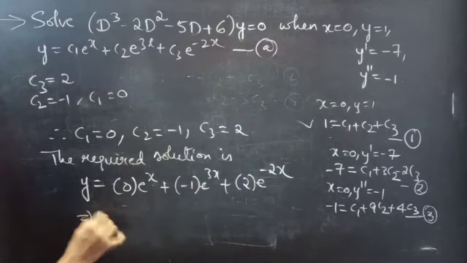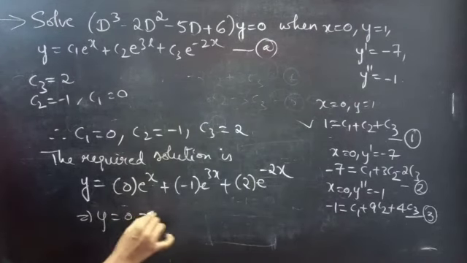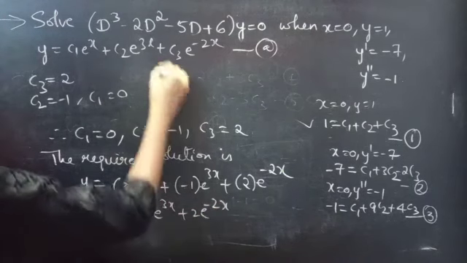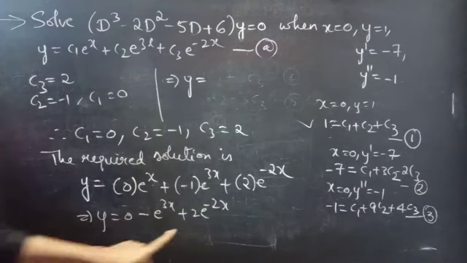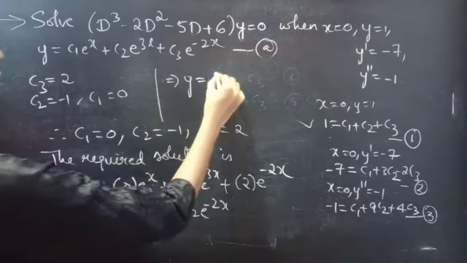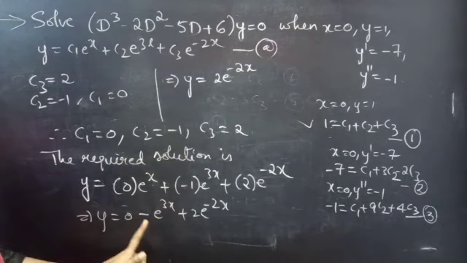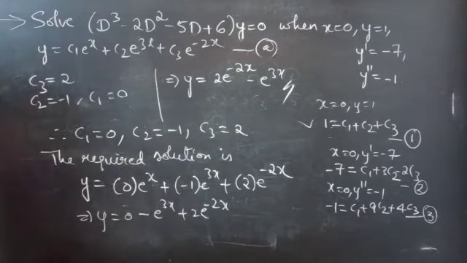From this you'll get y equals 0 into anything is 0, plus minus e power 3x plus 2 e power minus 2x. From this you will get y equals, first we'll write the term involving positive sign, 2 e power minus 2x, and then the term involving negative sign, minus e power 3x, which is the required solution.